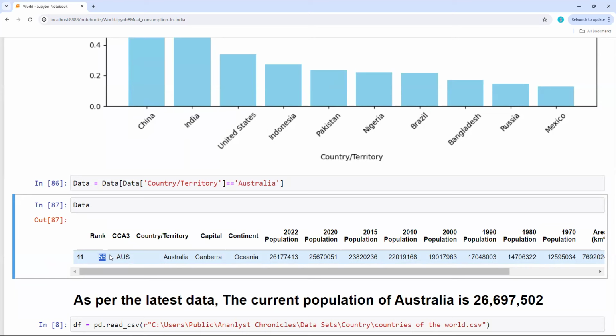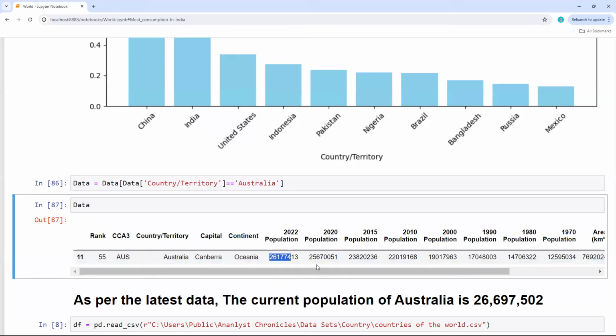Out of 200, Australia is ranked 55th as per the population, the capital city is Canberra, and the continent is Oceania. And the 2022 population is 2 crore 61 lakh 77,413. So it is 2.6 crore.